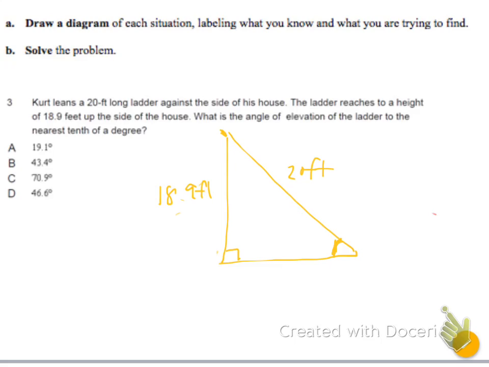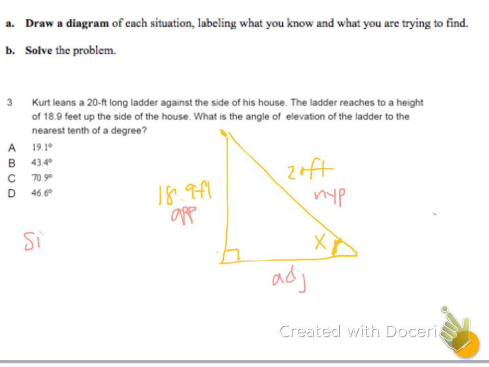So let's go ahead, we're going to label this x. Let's label our triangle. So this is my hypotenuse, this is my side opposite of that angle, and this is my side adjacent to that angle. So if we do SOHCAHTOA, we need the one that has the hypotenuse and the opposite side this time. So we're going to use sine.